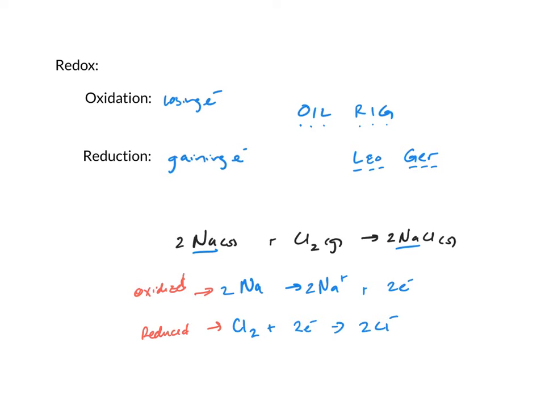In this particular reaction, or reactions like this, it's somewhat easy to determine what's being oxidized and reduced because we're directly forming ions. Sometimes we're not. Sometimes we're forming things that have shared electrons, which means that we need a way to track electrons in order to determine whether or not a particular reaction is redox.